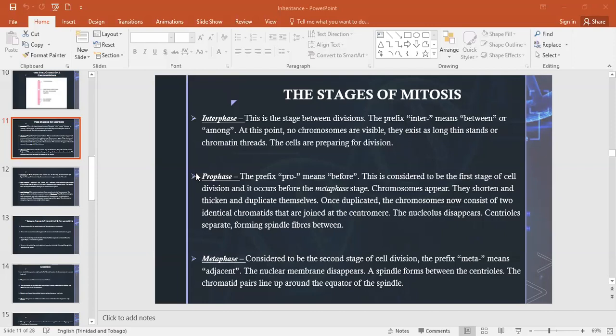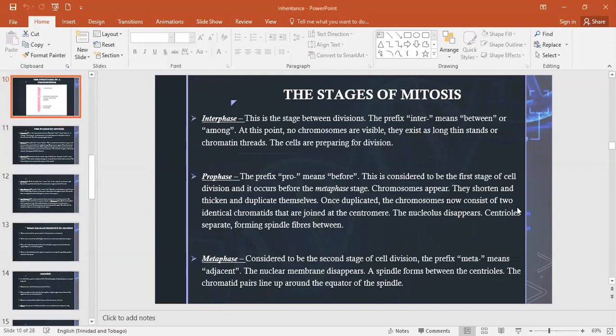And then afterwards it will disappear. So these spindle fibers are going to pull apart your chromosomes eventually. All right, so you're okay with that so far? Yes. All right, so you'll need to explain it to me now.